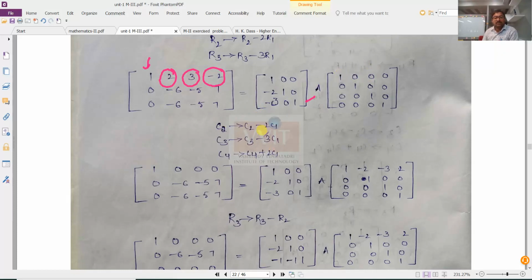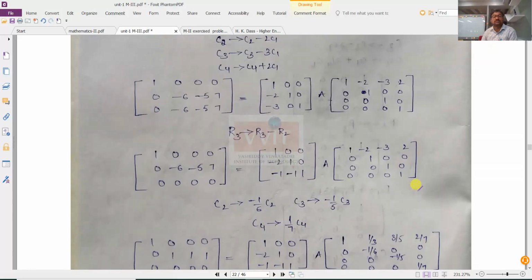Whenever the column operations are applied, they will affect only the post factor. C1 is not disturbed, so C1 stays as it is. C2 will be C2 minus 2C1, C3 will be C3 minus 3C1, and C4 will be C4 plus 2C1. That is the process here.